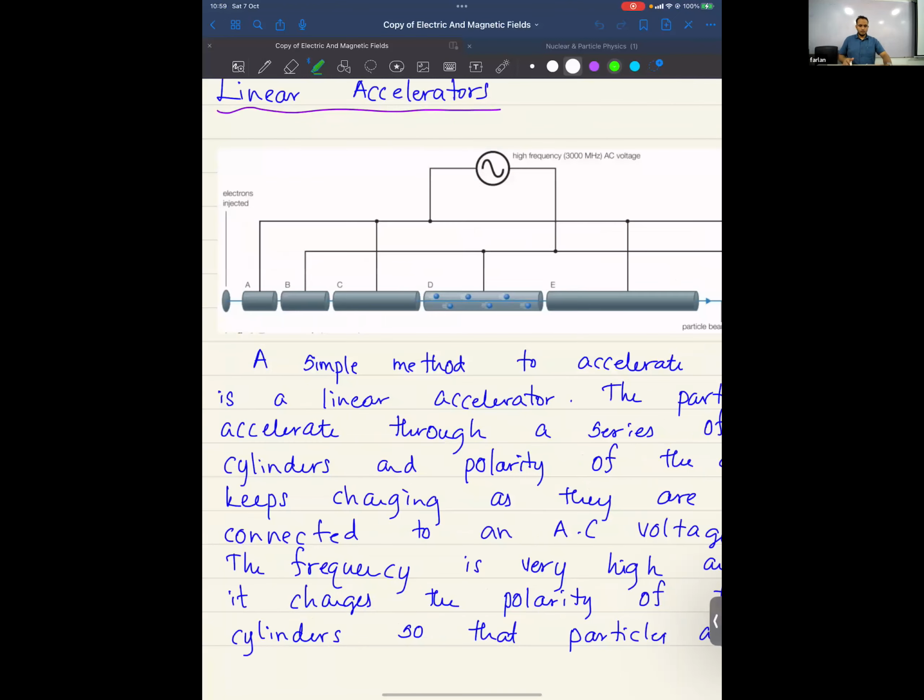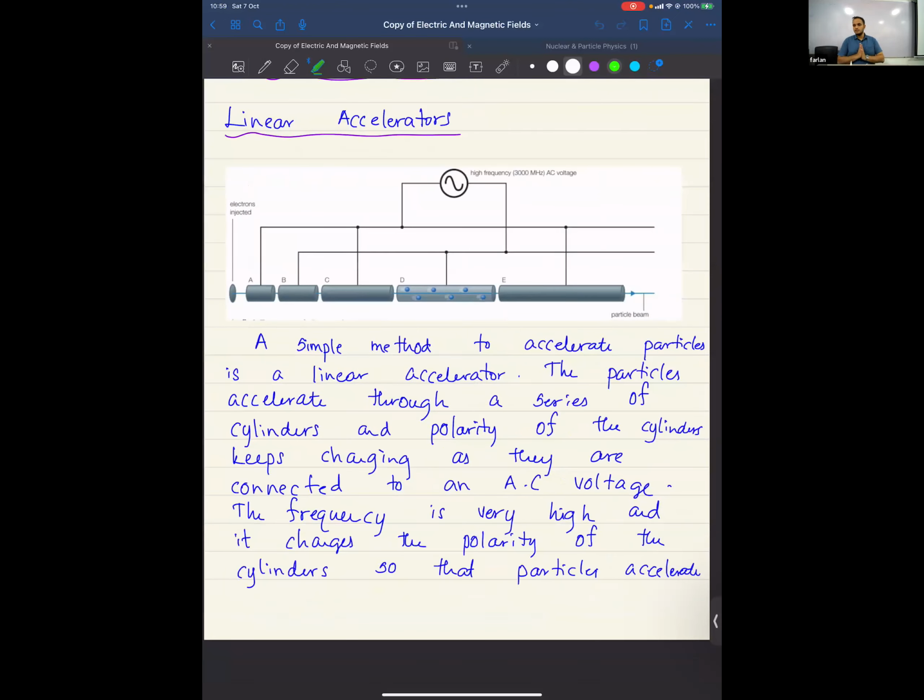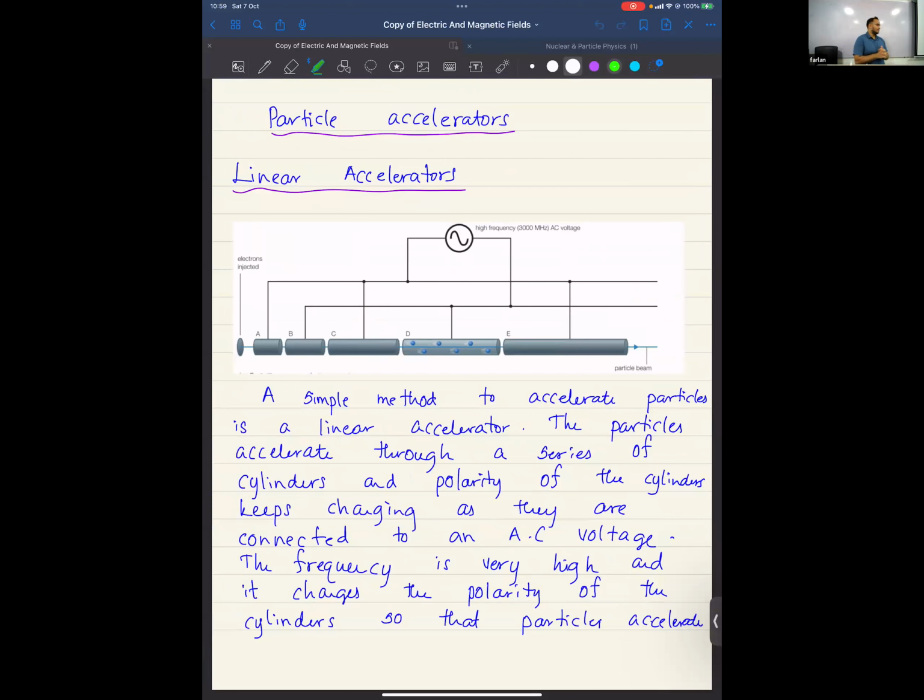Right under that. A simple method to accelerate particles is a linear accelerator.